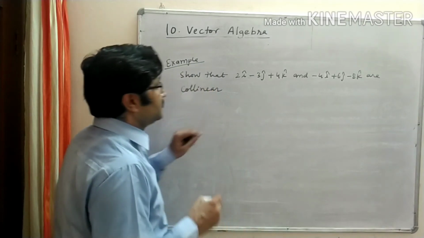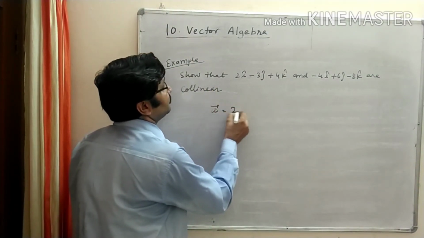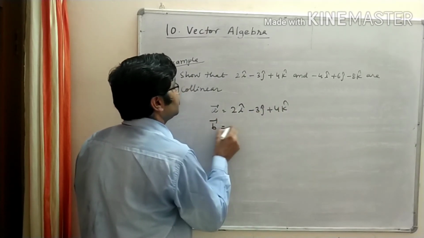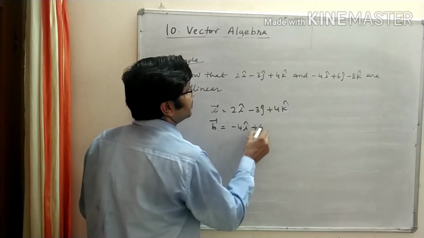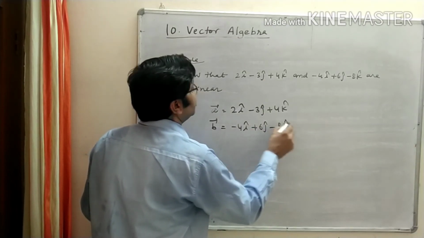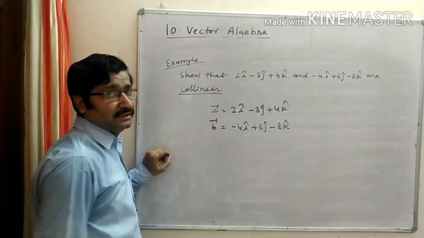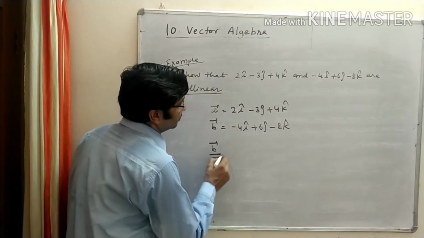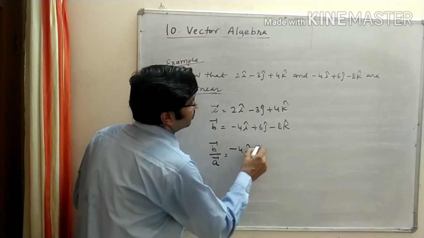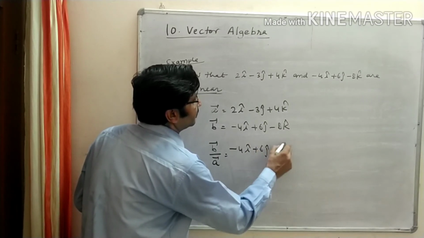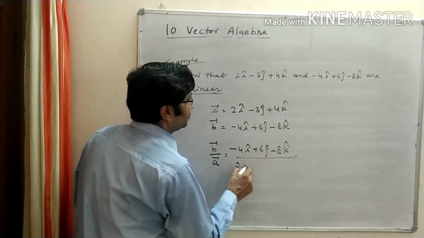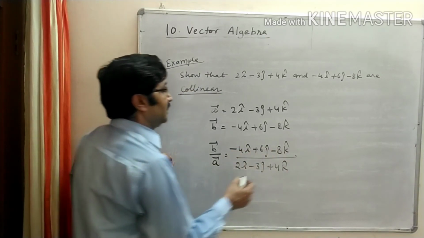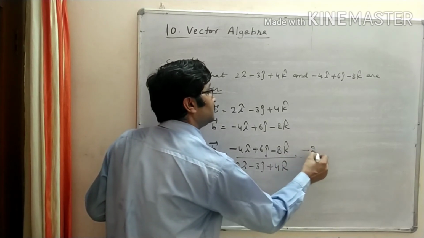So the first vector is A. A is given as 2i minus 3j plus 4k, and the second vector is B, that is minus 4i plus 6j minus 8k, and we have to check whether these are collinear. So in collinear we have to divide. How we divide? Look here, this B vector is divided by A vector. B vector is minus 4i plus 6j minus 8k, and A vector is 2i minus 3j plus 4k. What is common from here? You can take minus 2 common.